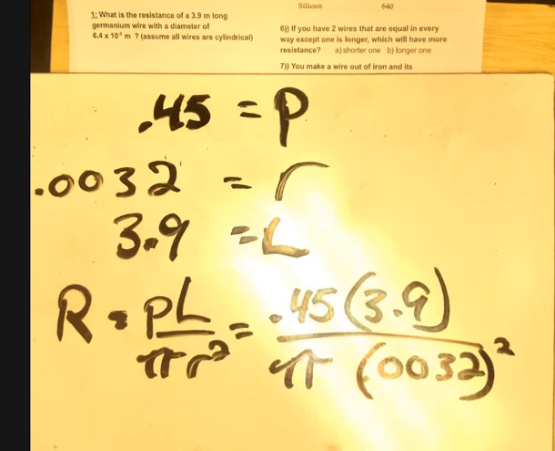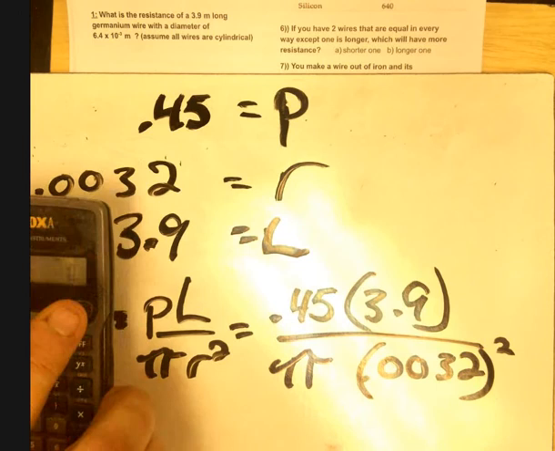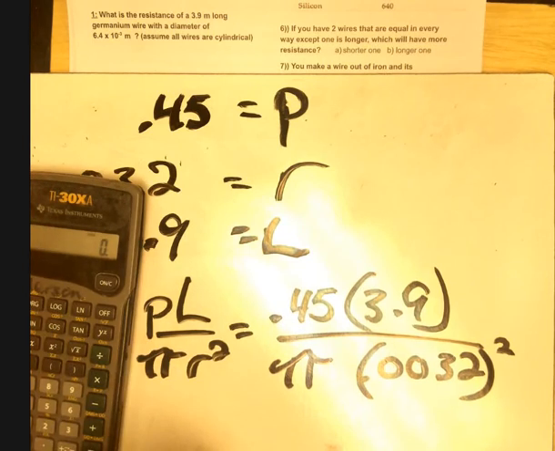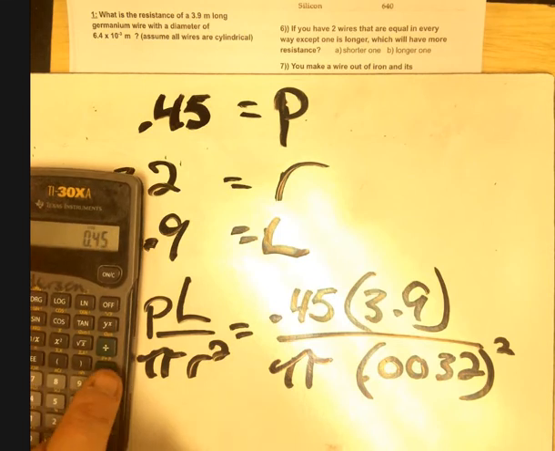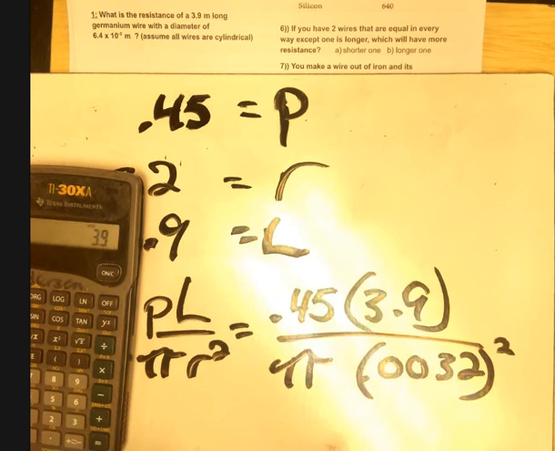Okay, now there's lots of ways of typing this in, and many of them are wrong, so be careful. I have the 0.45, and I'm multiplying that times the 3.9. That's on top, so they're multiplied together. The pi is on the bottom, so I'm going to divide by pi.